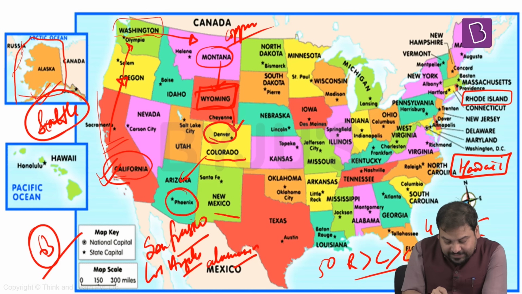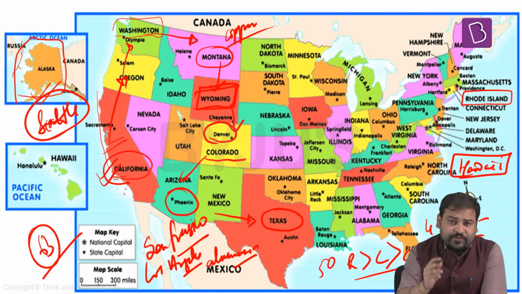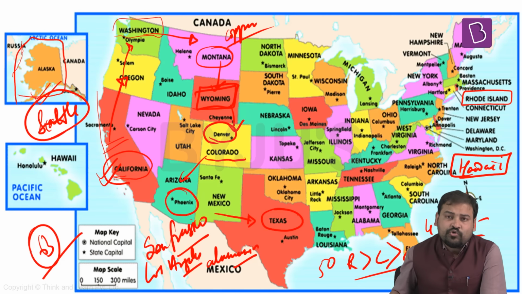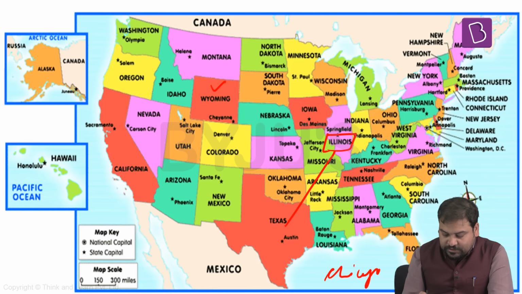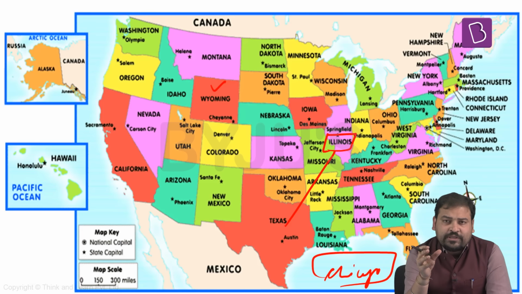We move towards the east, to a state called Texas, which is known for its shipbuilding and also has the largest reserves of oil as far as the US is concerned. Moving east, we reach the state of Illinois, which is famous for the town of Chicago, the focal point of all the movements of transport as far as the US is concerned.